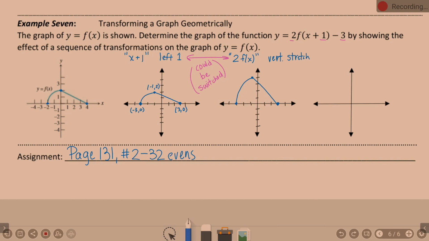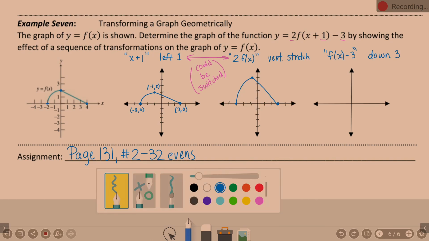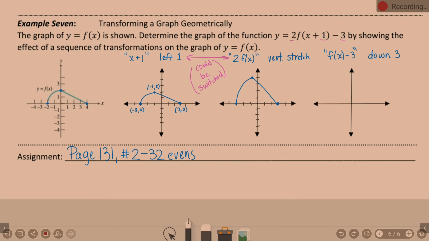Okay? And the last piece we need to do is pull that thing down 3. The -3 is taking your graph down 3. Again, I'm going to put my 4 tick marks on each piece of my graph.